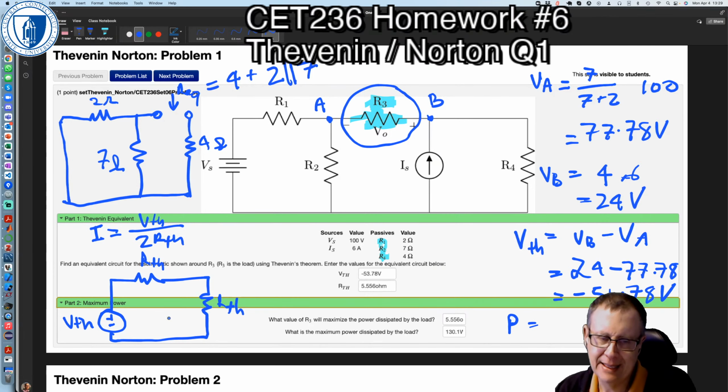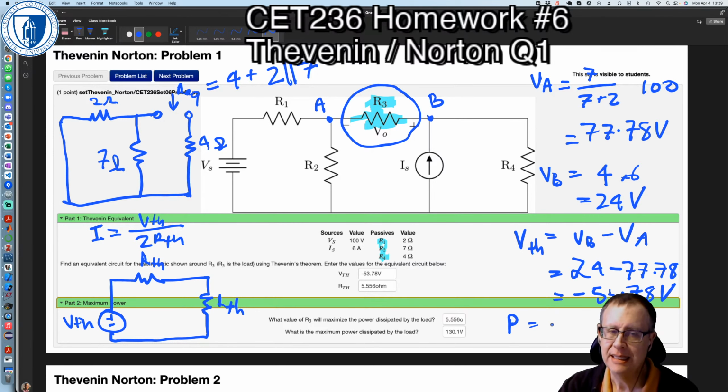So our power is going to be, now, I think it's easiest if we just do the power as I squared RTH. We could figure out what the voltage here is, right?